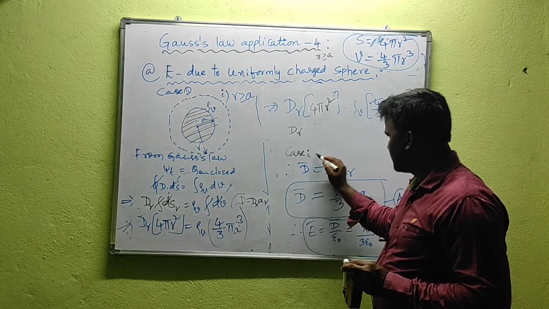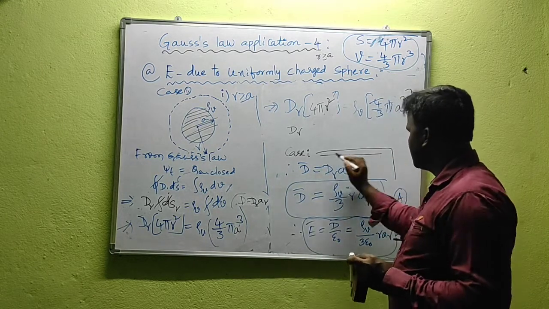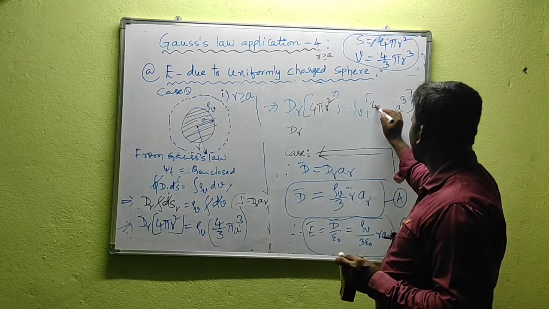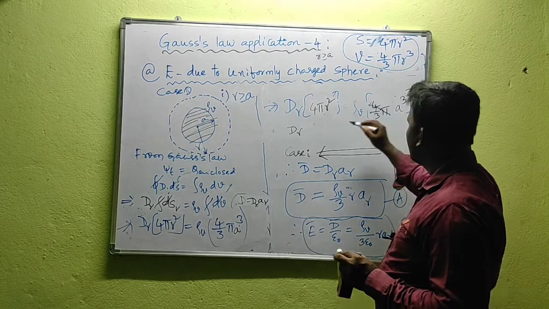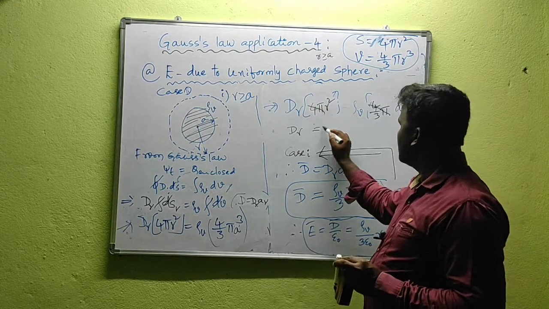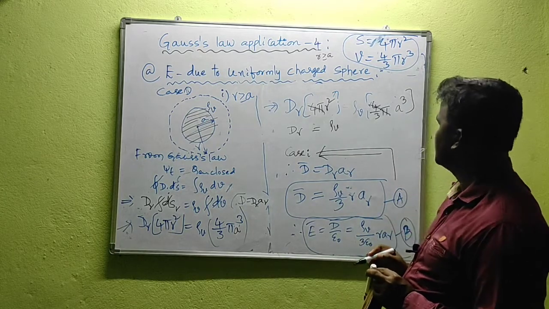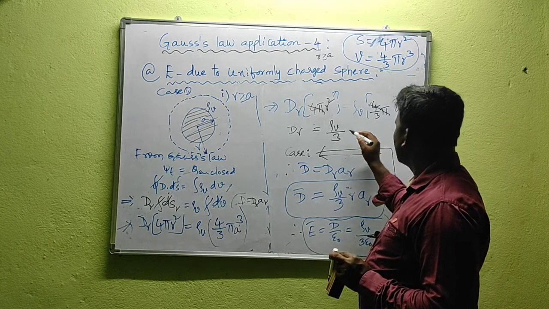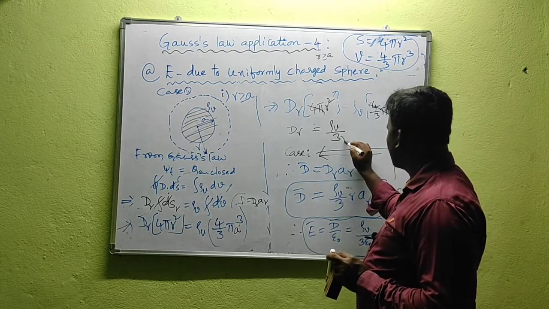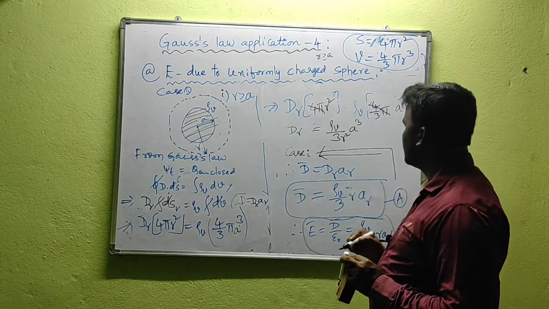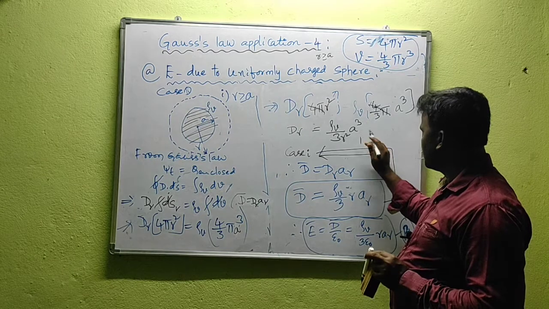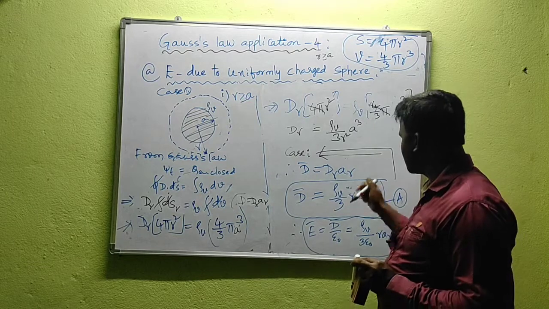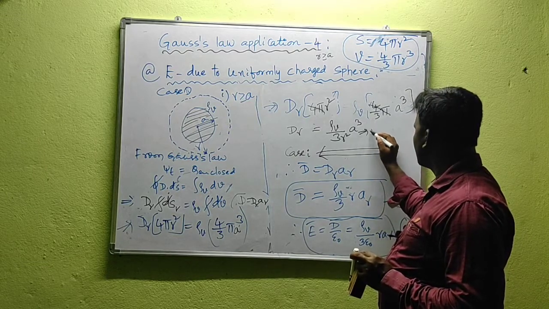Now for case 2, Dr·4πr² = ρv·4/3 πa³. The 4π cancels out, so Dr = ρv a³/(3r²), which implies D = Dr aᵣ.